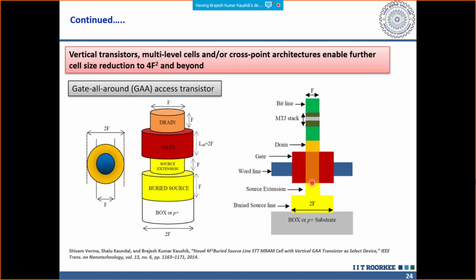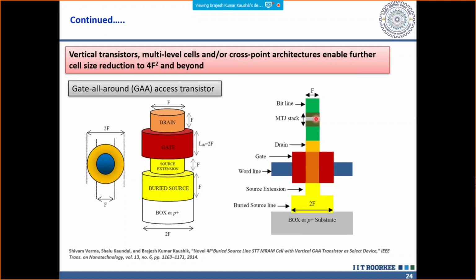Now, if you want to reduce further the size of this MRAM cell, the best thing is to use a GAA or a smaller transistor, which is called gate all around transistor. Now, if you can see over here, the gate all around transistor is this one, and above this you have this MTJ stack, which is going to store 1 or 0 onto it.